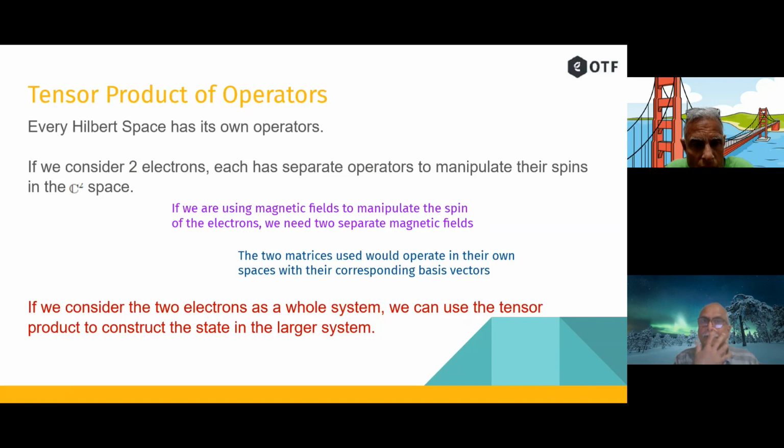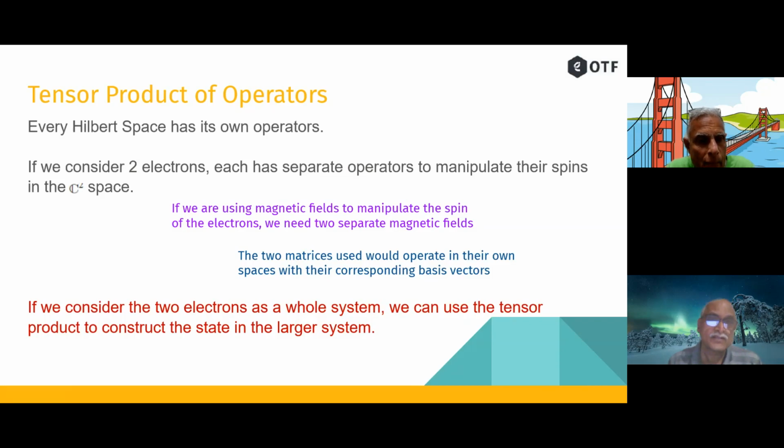Normally this operator is defined in the form of a matrix, or it could be in the form of a vector. And if you talk about Hilbert space, every Hilbert space has its own operators. What are these operators? They perform some operations so as to change the state of, let us say, the qubit.